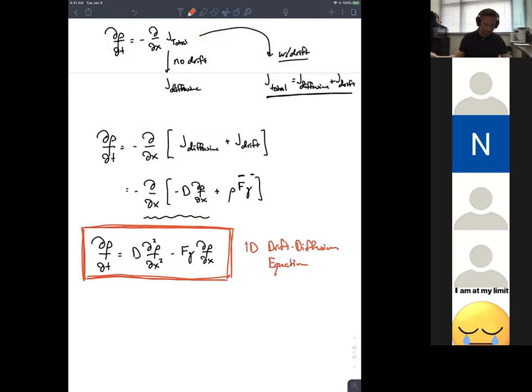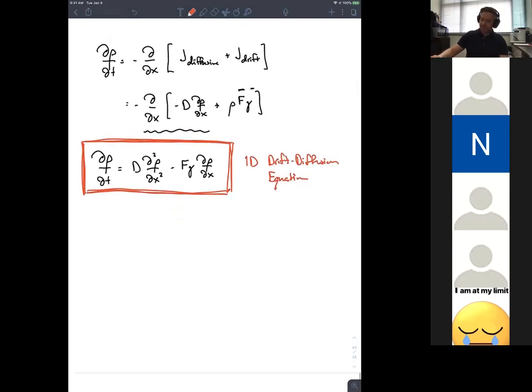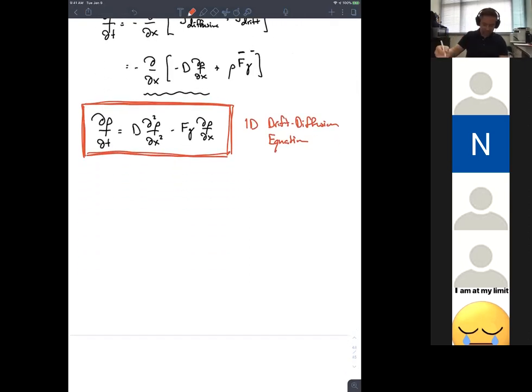Okay, so now let's think about what this means. We talked at the beginning of the lecture about what this term means. What this term says is that the rate of change of the concentration profile depends upon how sharply curved it is, or what the concavity is.